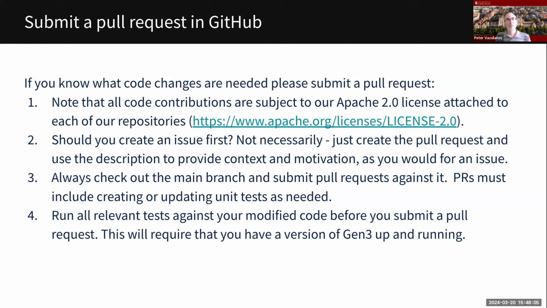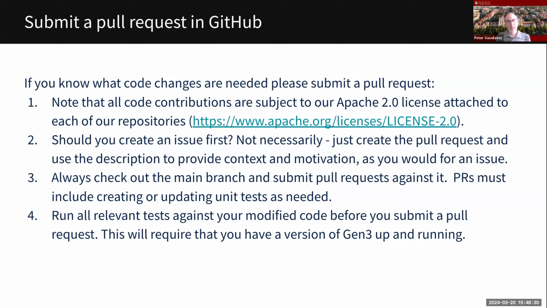When you are submitting your code changes, please remember, in order for things to be approved, to be brought into Gen3, there do need to be unit tests that run. So if you've changed something, put an eye on the unit tests, consider updating the unit tests to include the functionality that you've included or adjust them if the functionality that you're submitting makes things perform a little bit differently.